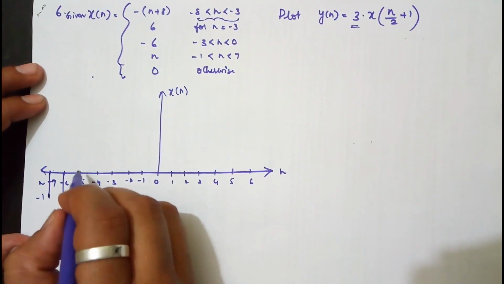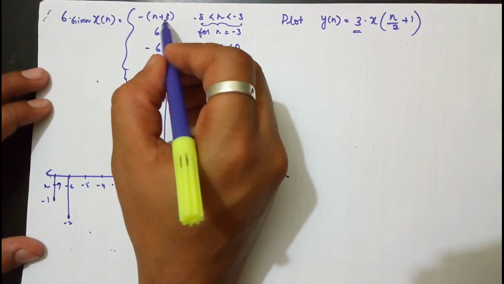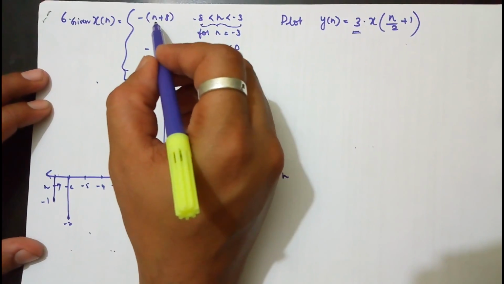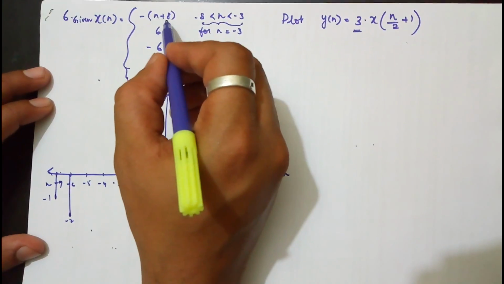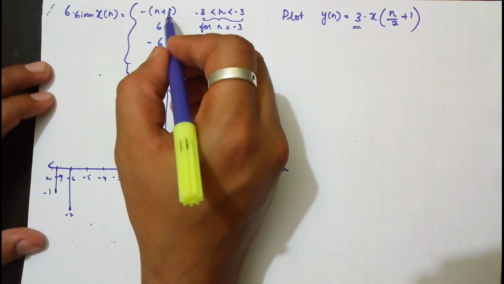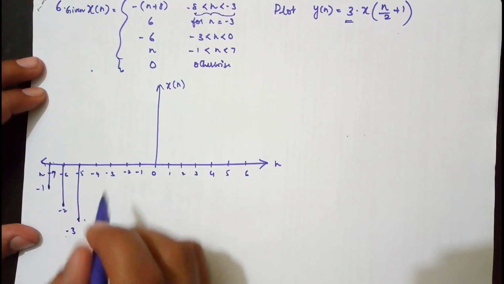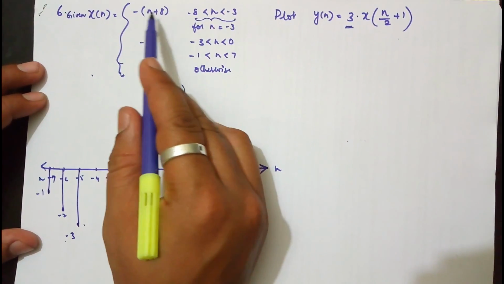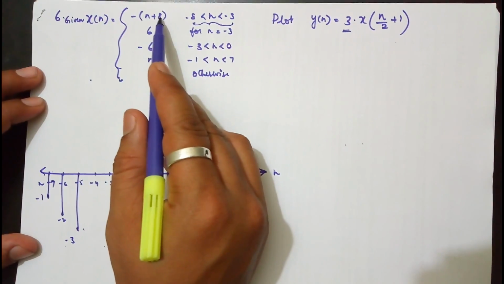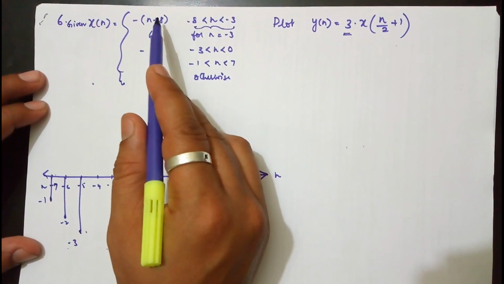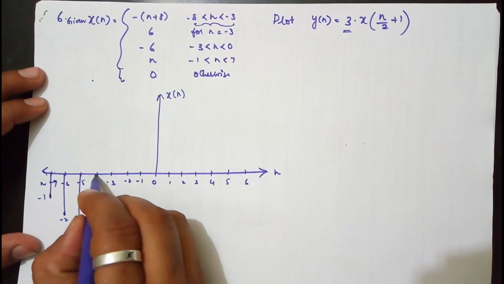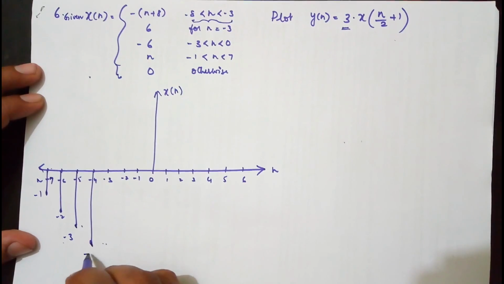Similarly at -5, it is 3 with a minus sign, so -3. At -4, plus 8 gives 4, with a minus sign, so -4.